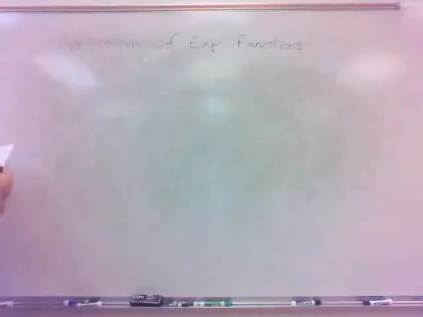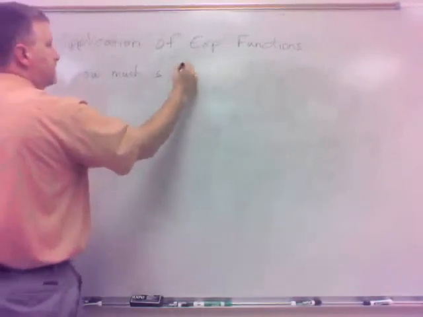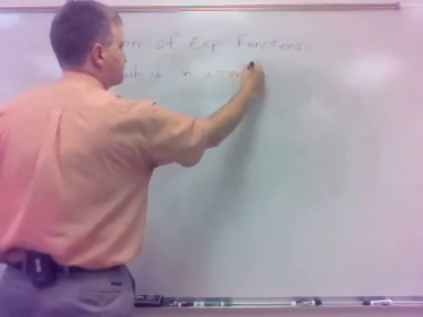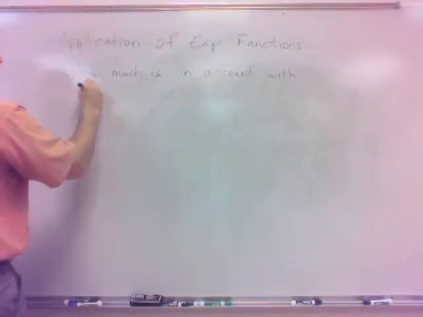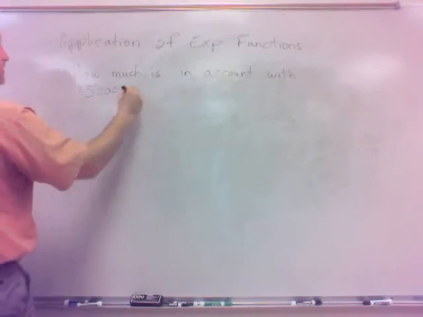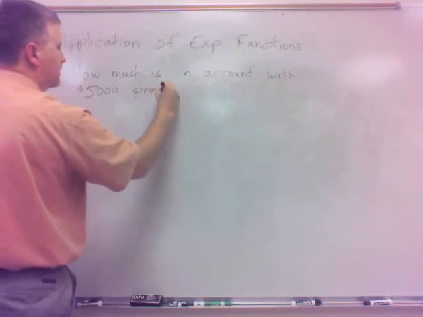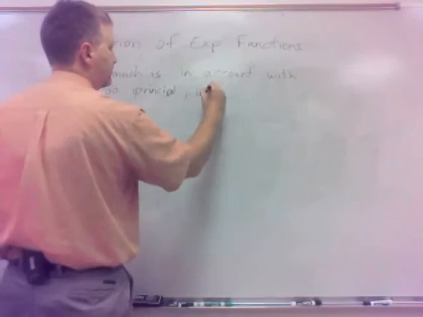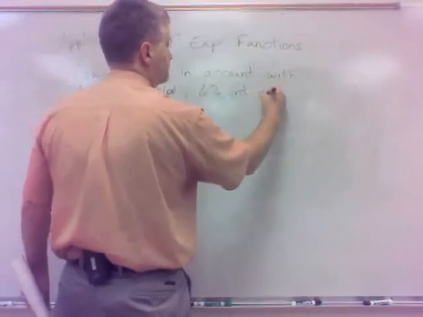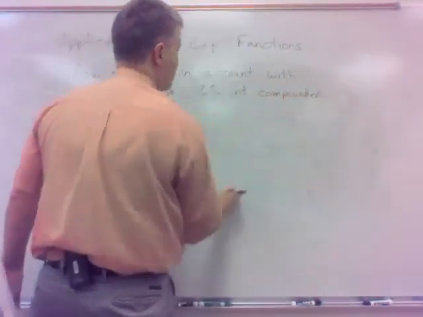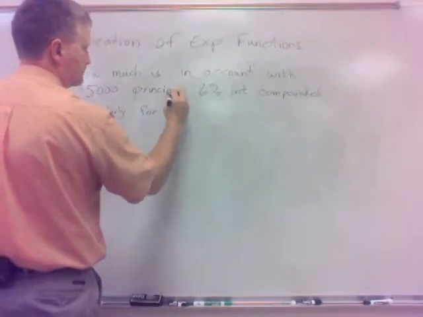How much is in an account with $5,000 principal, say 6% interest, compounded quarterly for 20 years?